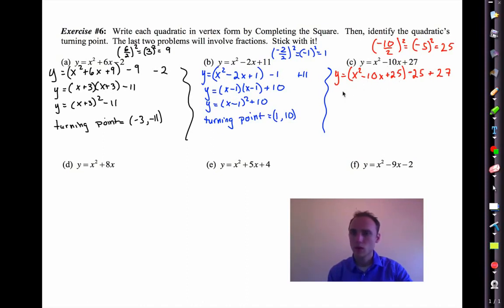And this will give me a perfect square. This will be x minus 5 times x minus 5. When I add these two together, I'll get plus 2, which will give me x minus 5 squared plus 2. Well, finding the turning point. The turning point will be 5 comma 2.